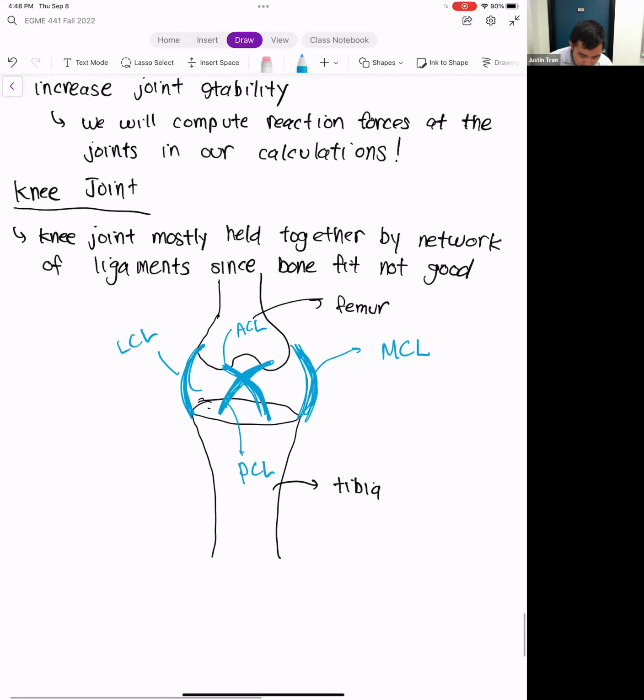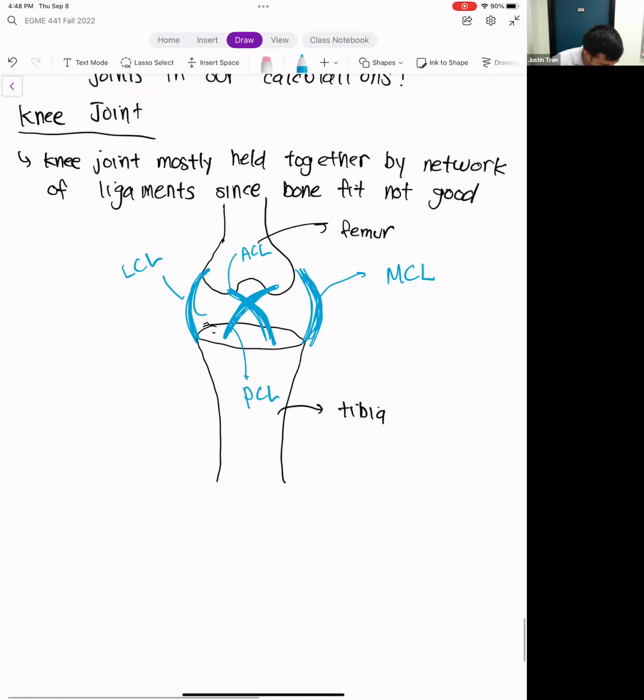All right, so let me go ahead and define these ligaments. The LCL stands for the lateral collateral ligament. The key word is lateral, so remember the difference between lateral and medial.